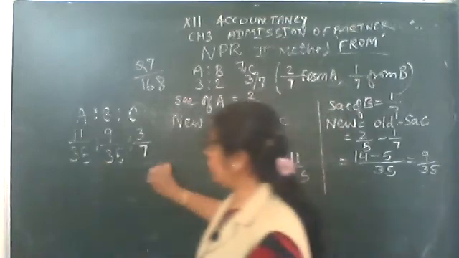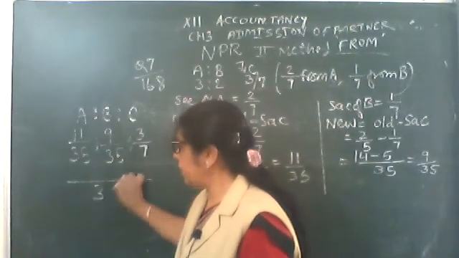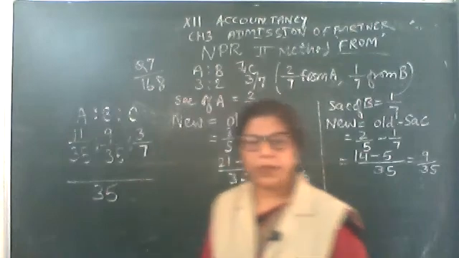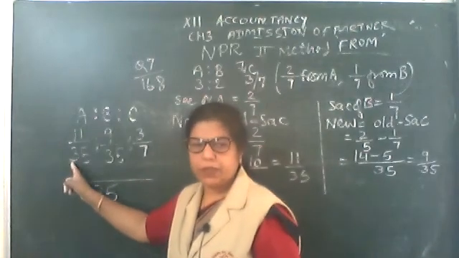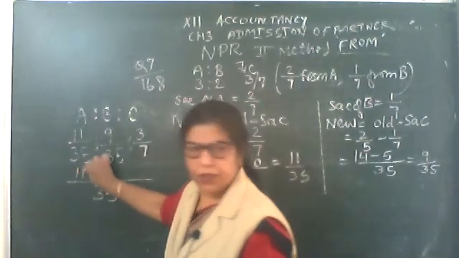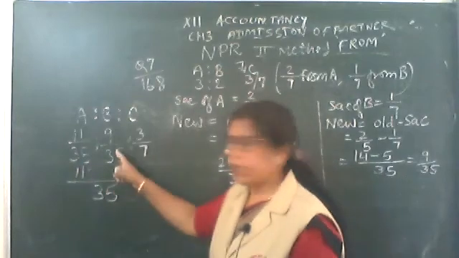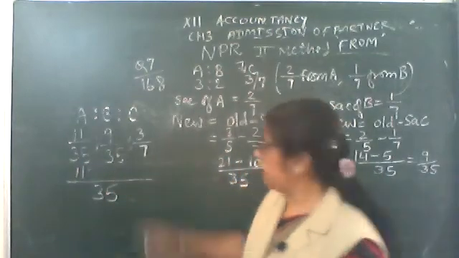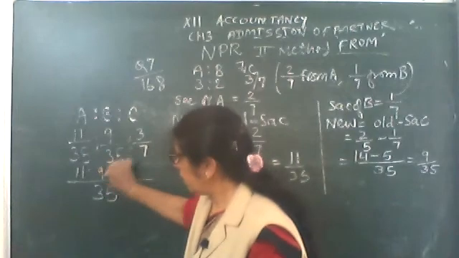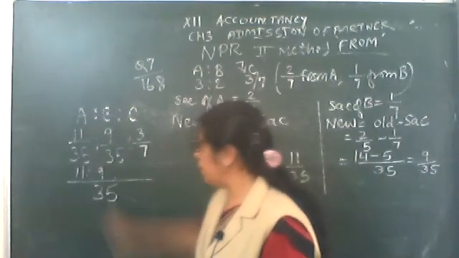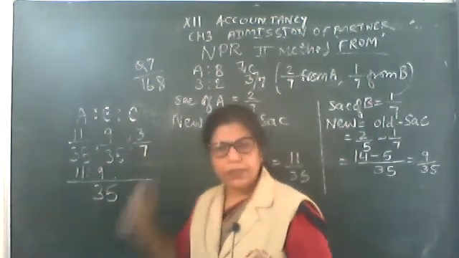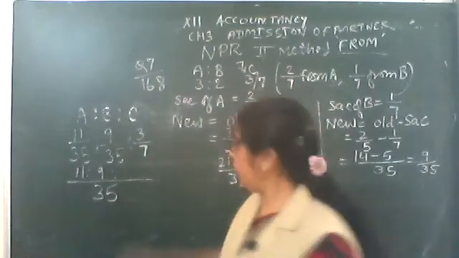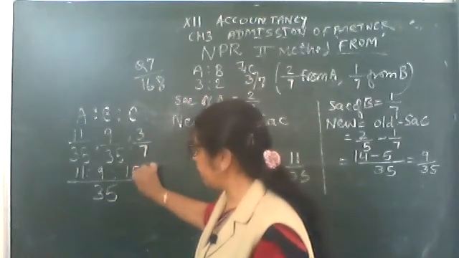Now we have to take the LCM, that will be 35. 35 divided by 35, that is 11. 35 divided by 35, that is 9. 35 divided by 7 is 5, 5 threes are 15.